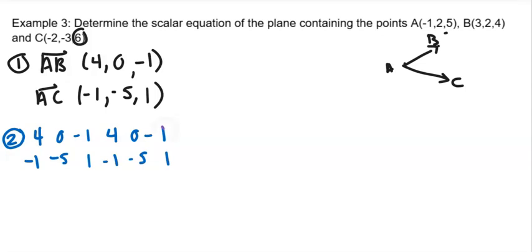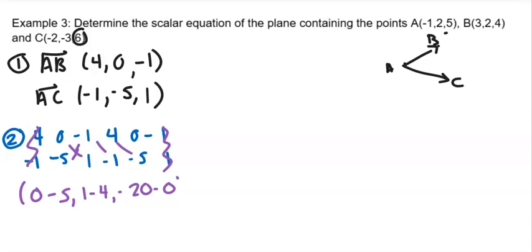Okay, cross out my last two terms. 0, take away 5. 1, take away 4. -20, take away 0. So my final direction vector is -5, -3, -20.